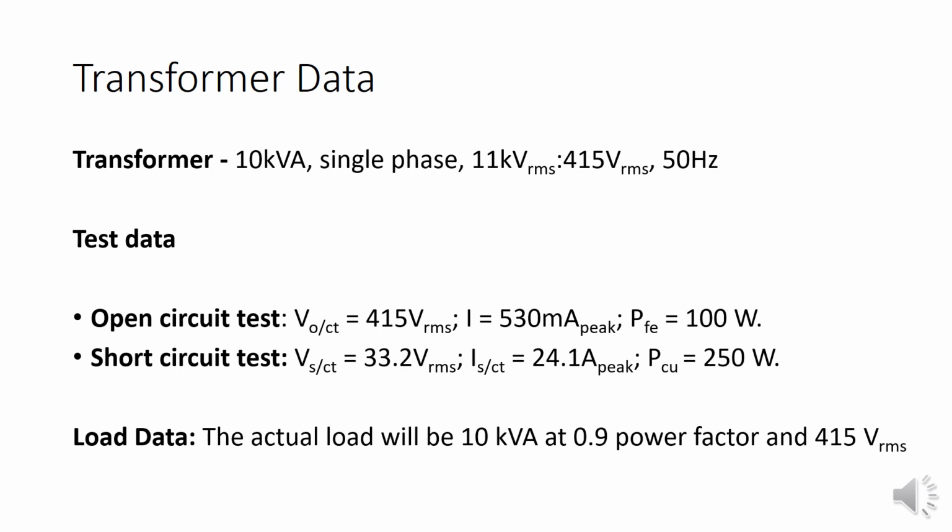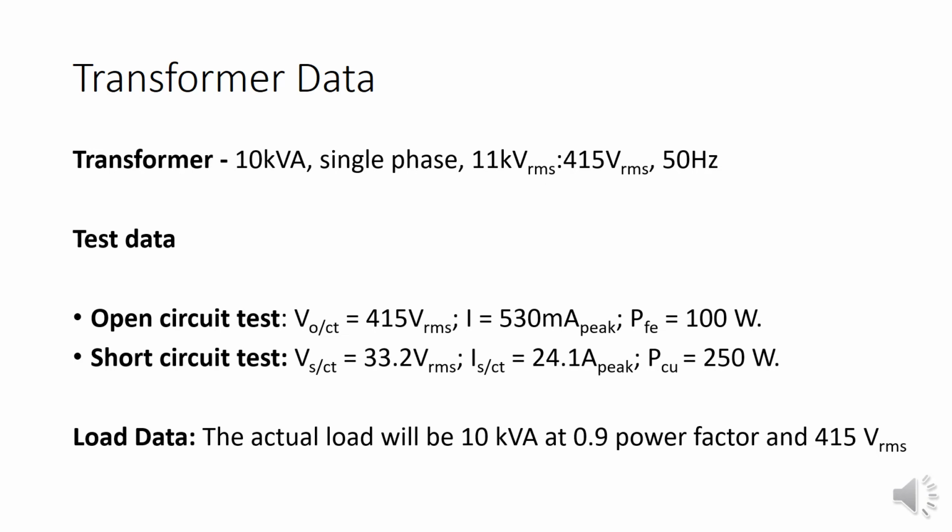Load data. So when you are doing the open circuit test and the short circuit test, there won't be a load, because in the open circuit test you are going to remove the load, which means open circuit, and in the short circuit test you will again remove the load and short circuit the two ends, right?